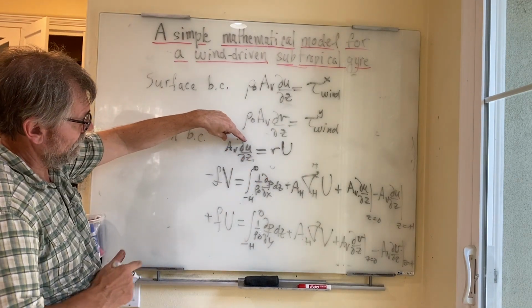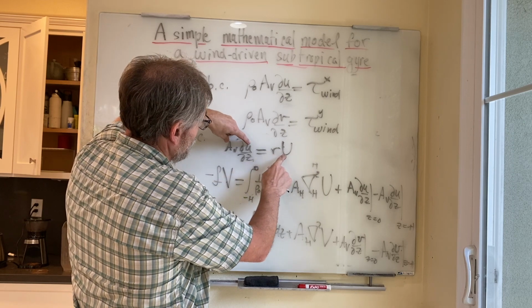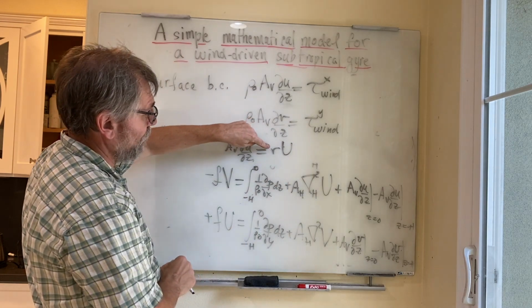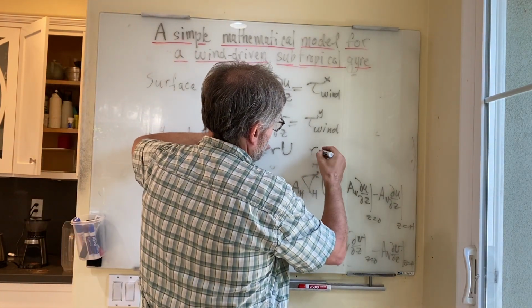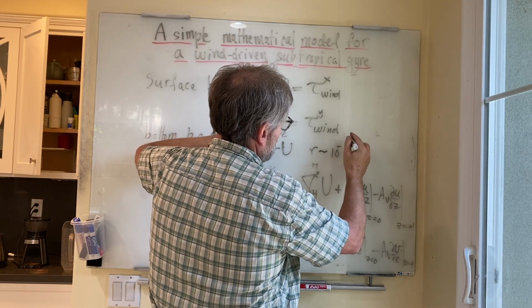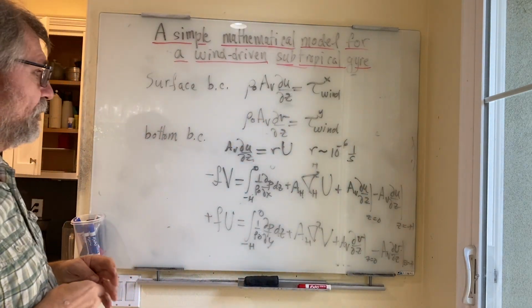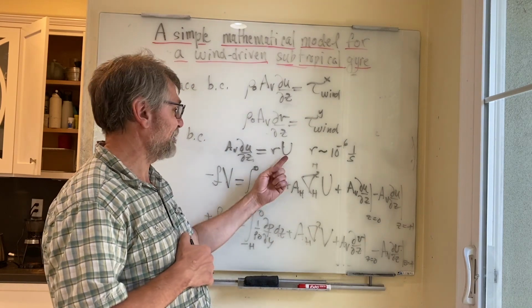This thing here, the friction, is proportional to U, and the proportionality constant is r, and we're going to pick r. R is going to be a number that's on the order of 10 to the minus 6, 1 over seconds. So that's kind of a scale for the friction we can use. But we can try different values of r when we solve the mathematical model.